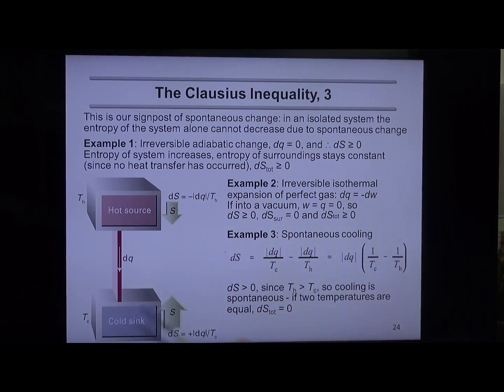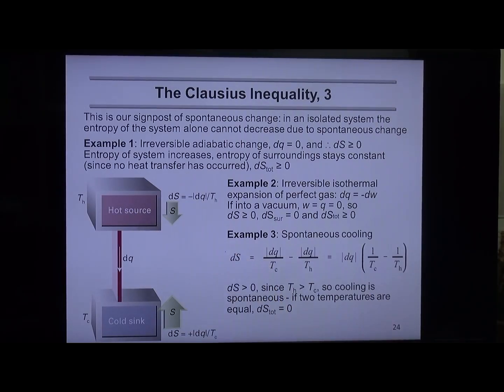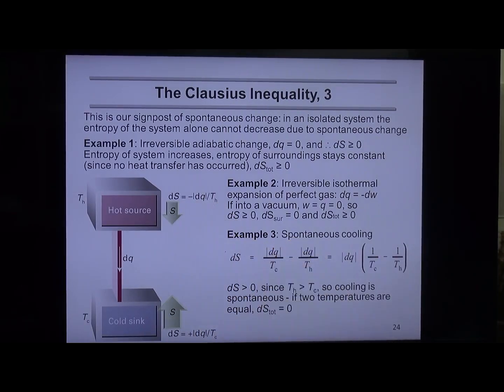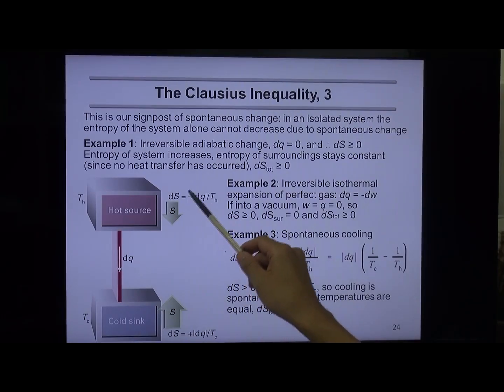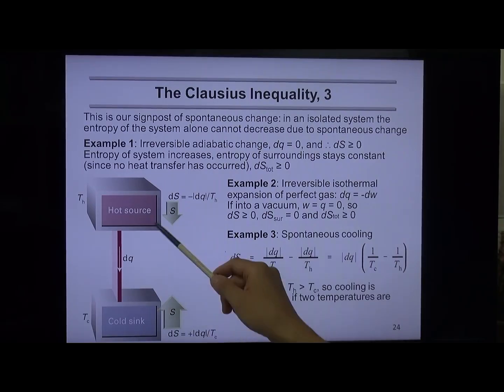So the hot reservoir lost this amount of heat, dq. So the entropy change for the hot reservoir should be minus dq over Th, right?